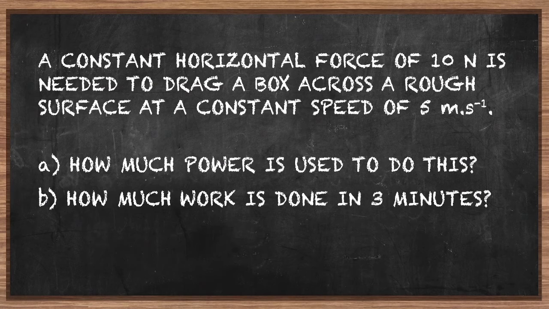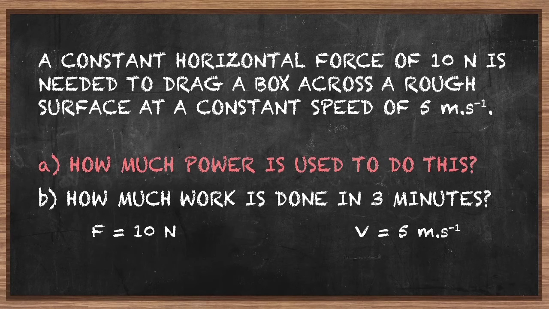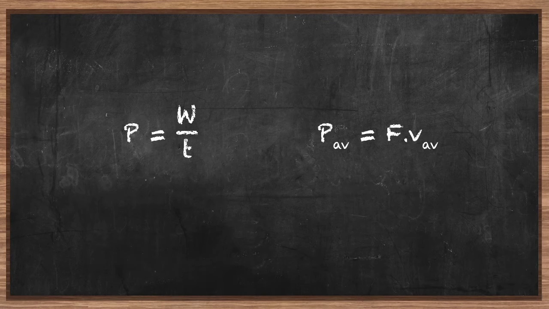Let's write down the facts. The force applied to the box is 10 newtons, and its speed is kept constant at 5 meters per second. Part A asks us to calculate the power. We must choose from these two formulae. Power equals work done divided by time, and the average power equals the force applied times the average velocity.